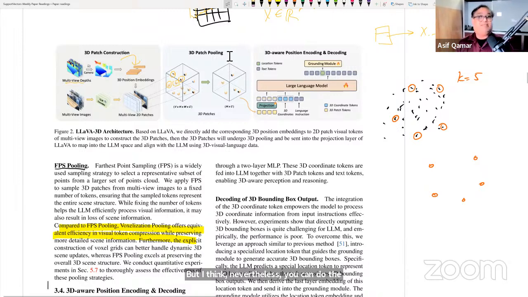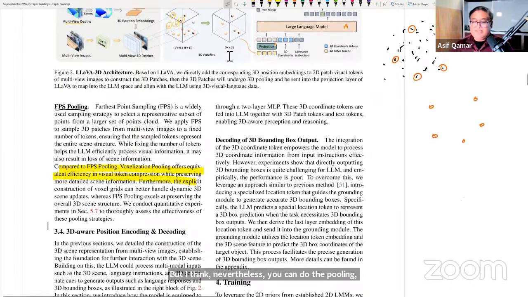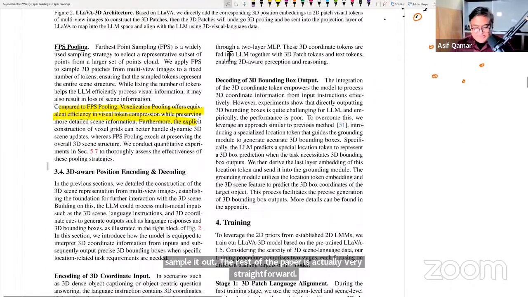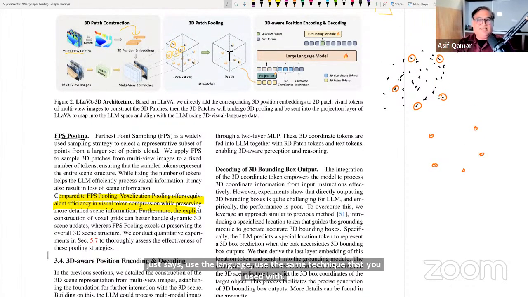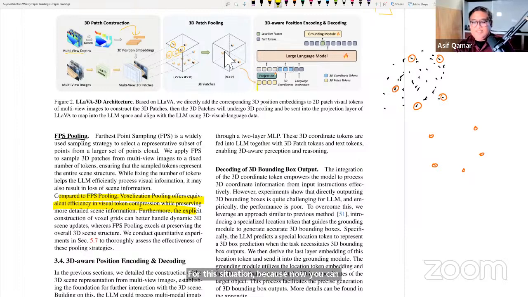The rest of the paper is actually very straightforward. It just says, use the same technique that you used with LLaVA for this situation. Because now you can take this pooled data and project it using a CLIP-like technique. But one important thing to do is 3D position embedding.